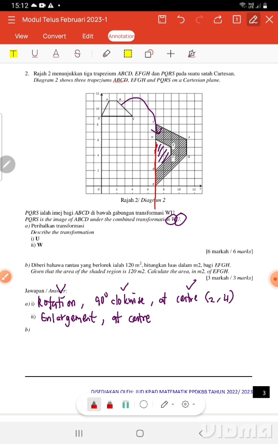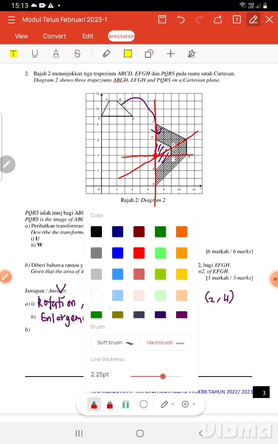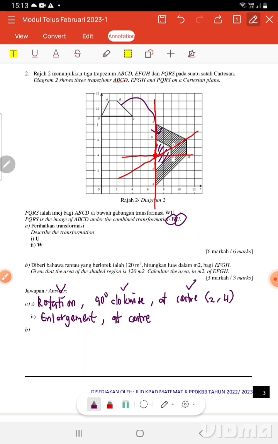H will go to S, and then E will go to P. F will go to Q. So here is the intersection, so you need to read the coordinate. The coordinate here is 7, 4. At center 7, 4.